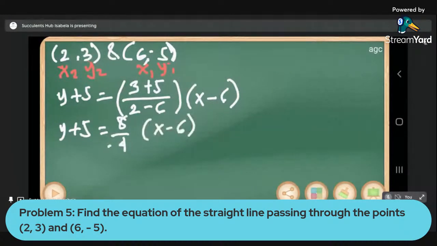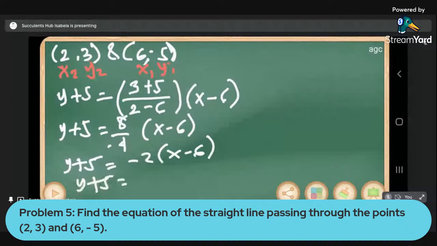Okay, so you have y plus 5 is equal to negative 2 times x minus 6. So you have y plus 5 is equal to negative 2x plus 12. Okay, just correct me if mali itong ko kasi hindi ko masyadong nakikita. So you will have, i-continue further. This time, negative ang x natin.